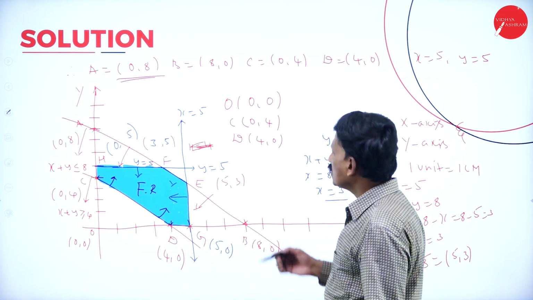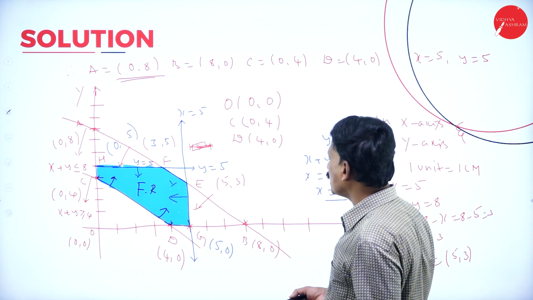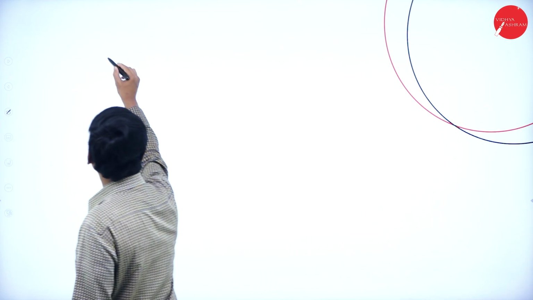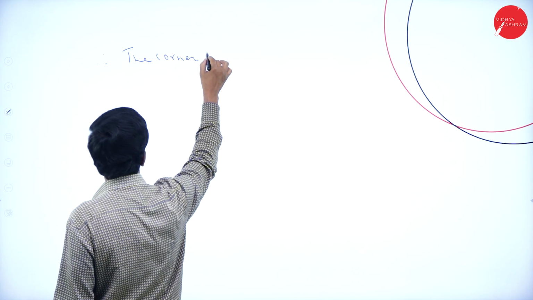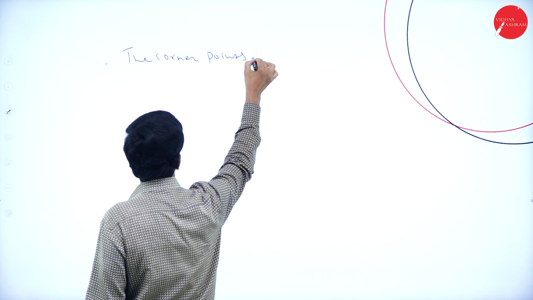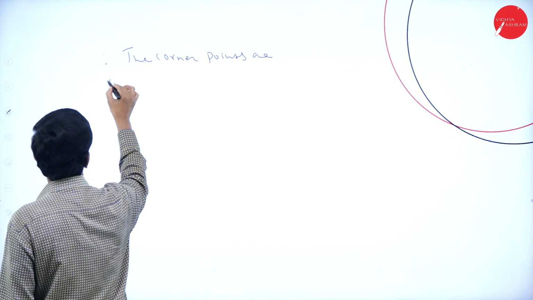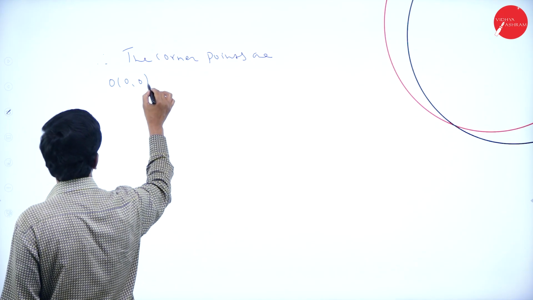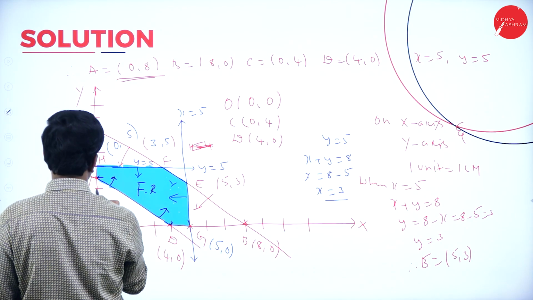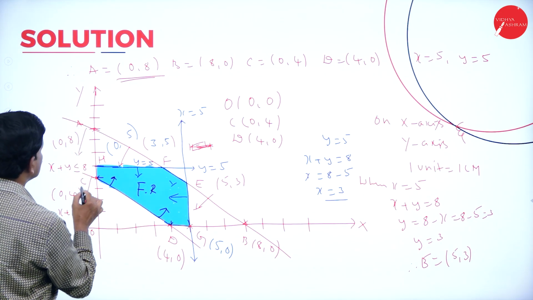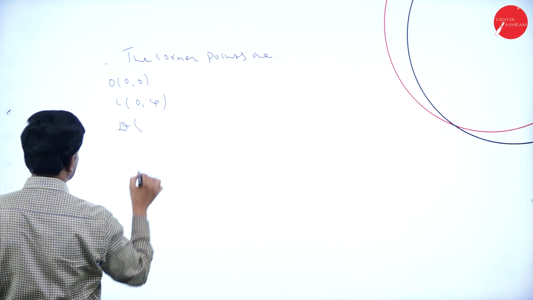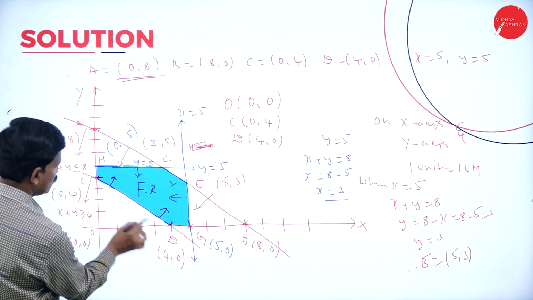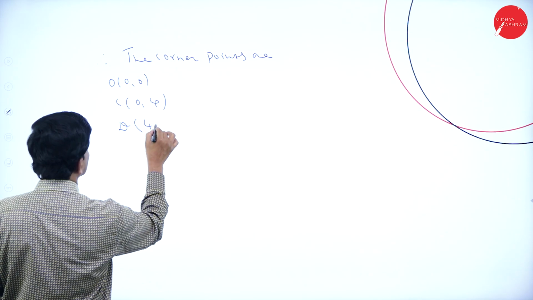Now therefore, the corner points are, I'll go to the next page. The corner points are O (0, 0). Then come to this C (0, 4). D. What is D? D is (4, 0).